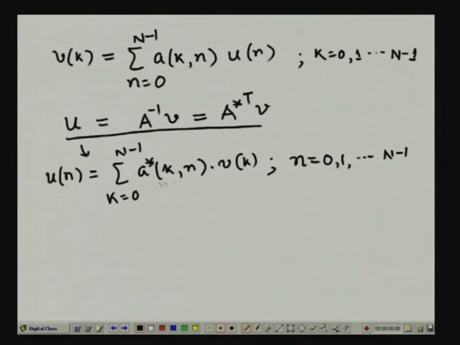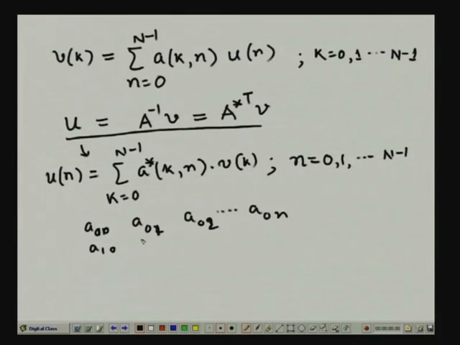Now, what is this A star k n? If I expand this matrix A k n, it is of the form A 0 0, A 0 1, A 0 2 up to A 0 n.